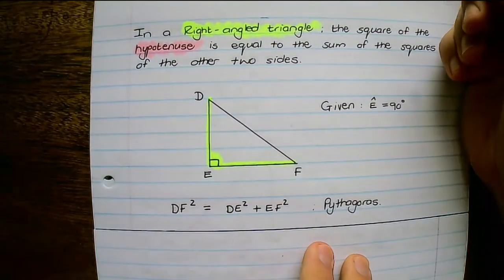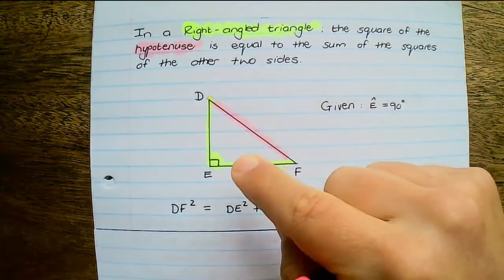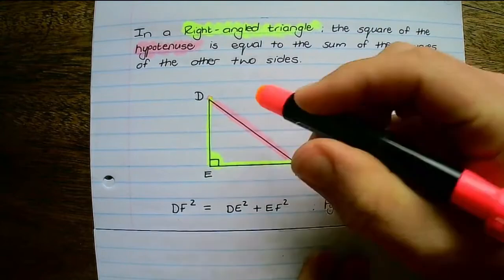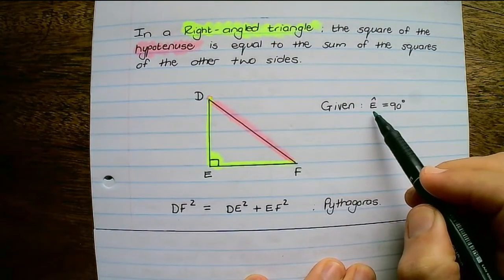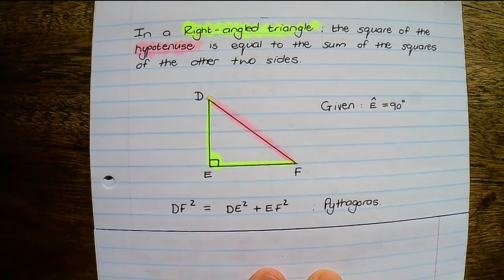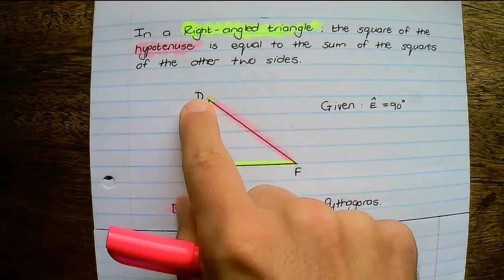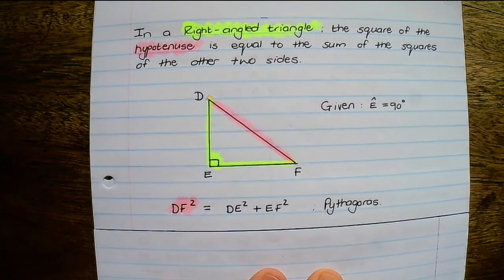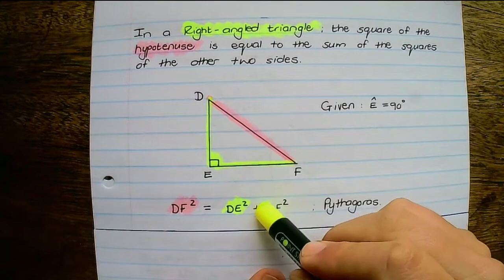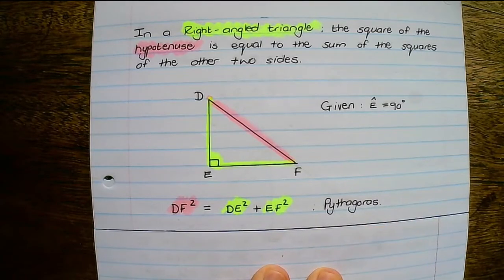The hypotenuse is referring to the side of the triangle that is opposite the 90-degree angle. And we are given that angle E is equal to 90 degrees, which is a right angle. So what that statement is saying is that DF, the hypotenuse, squared, so the length of DF squared, is equal to DE squared plus EF squared. And this is called Pythagoras, or the theorem of Pythagoras, which you normally learn in grade 8 and then expand upon in grade 9.